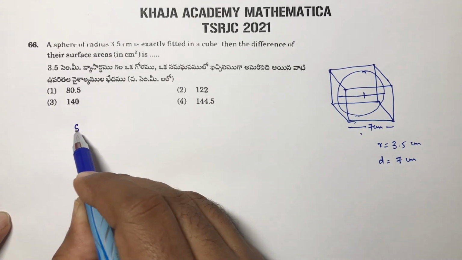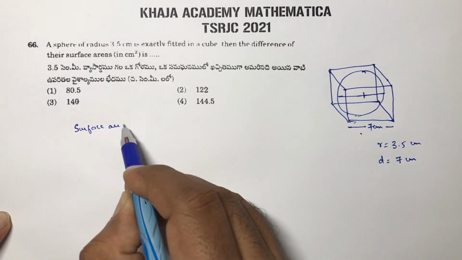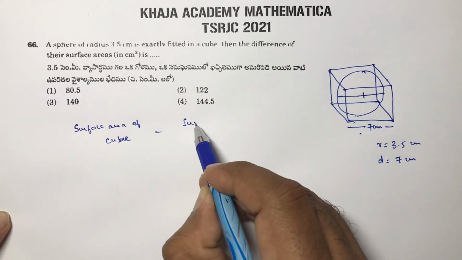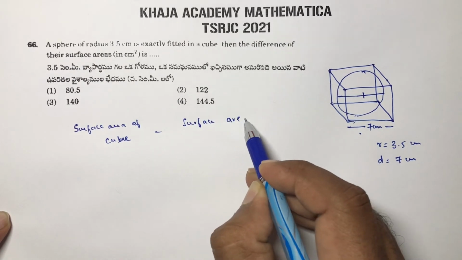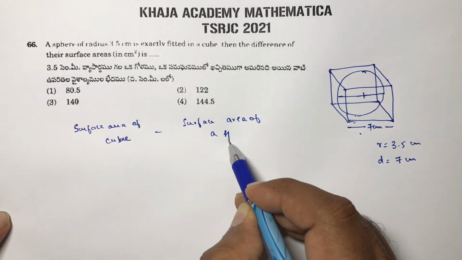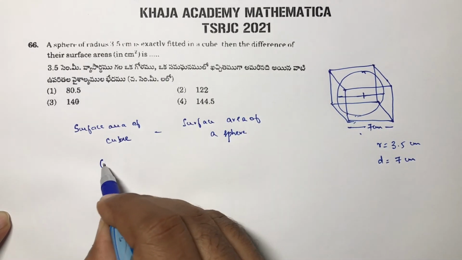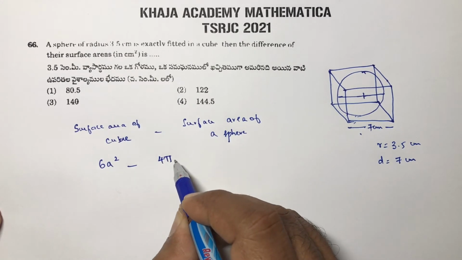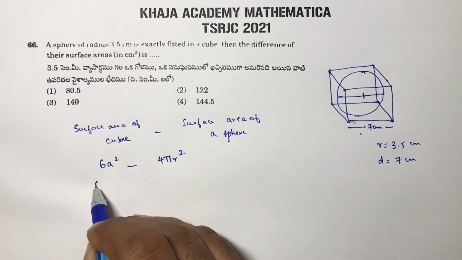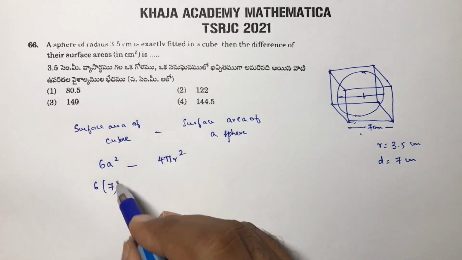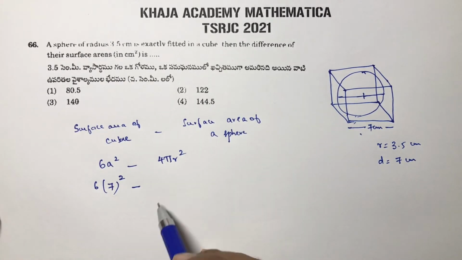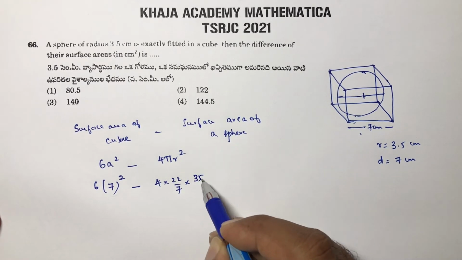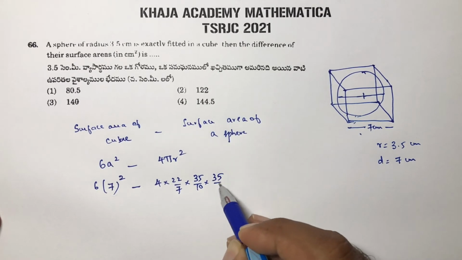Surface area of a cube minus surface area of a sphere. Surface area of a cube is 6a square, minus surface area of a sphere, 4 pi r square. So 6 times 7 whole square minus 4 times 22 by 7, with radius 3.5 written as 35 by 10 into 35 by 10.